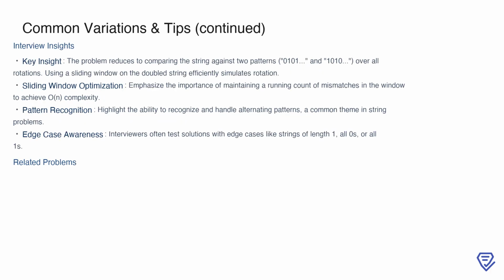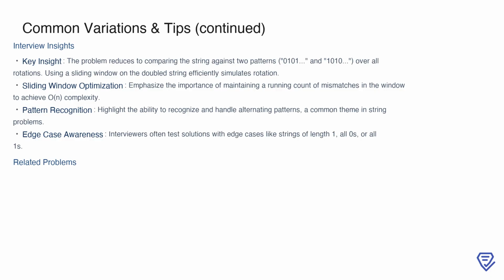To succeed in interviews, it's crucial to grasp the key insights of this problem. Fundamentally, it boils down to comparing the string against two alternating patterns, 0101 and 1010, while accounting for all possible rotations. Using a sliding window technique on the doubled string allows you to efficiently simulate these rotations with a time complexity of O(n).